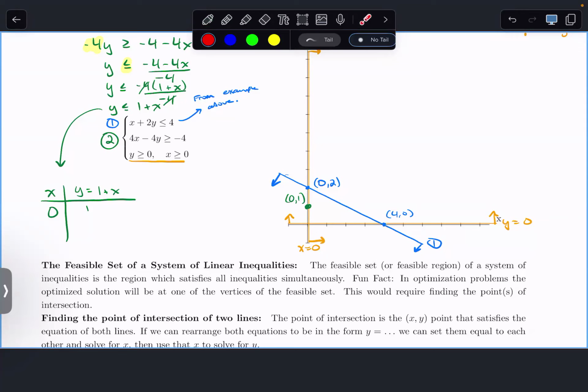You can put in any value of x. Let x be 4. Then y must be 1 plus 4, which is 5. So without a grid, it's a little harder. But if x is 4, then y must be 5. 1, 2, 3, 4, 5.